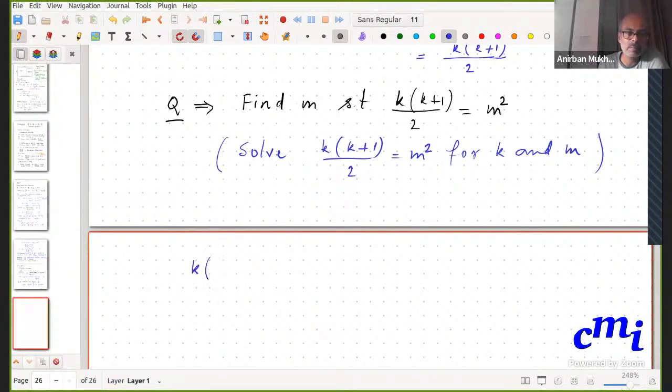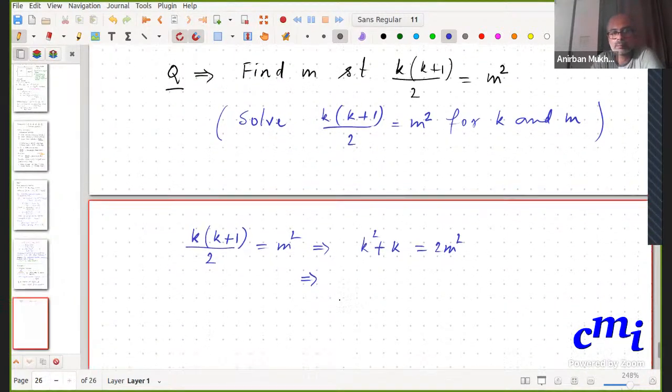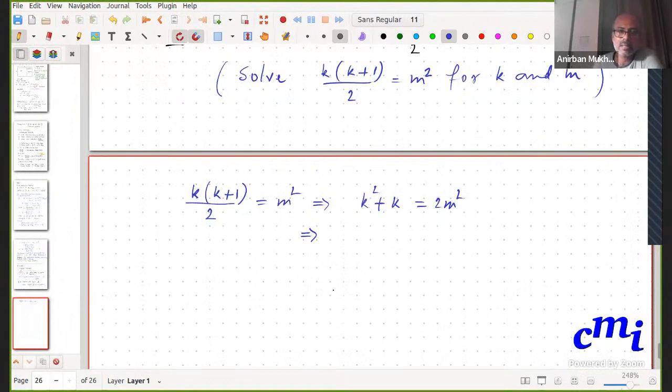So therefore, let's write down the equation again. k into k plus 1 by 2 is equal to m square. That immediately gives us k square plus k is equal to 2m square. So you want to complete the square on the left hand side. Let's multiply this by 4.